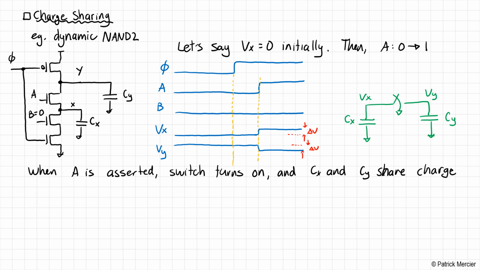Okay, so we can say that after A goes to 1, the node Vx is equal to Vy, ignoring our VT drop, if that is applicable, which is equal to VDD times the charge sharing capacitance formula, which is Cy over Cx plus Cy.